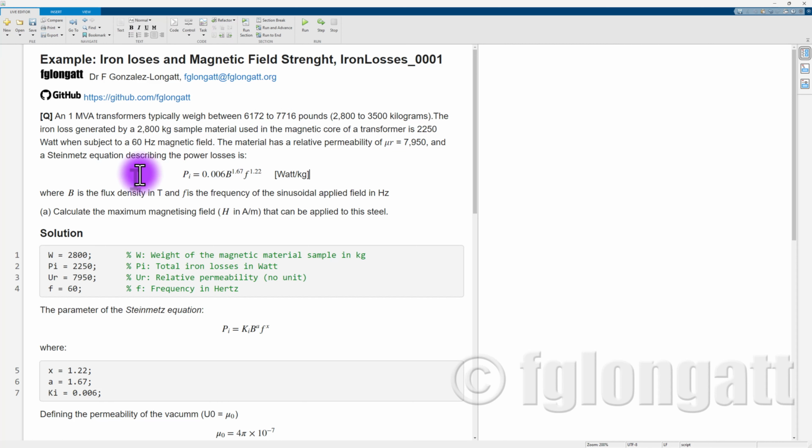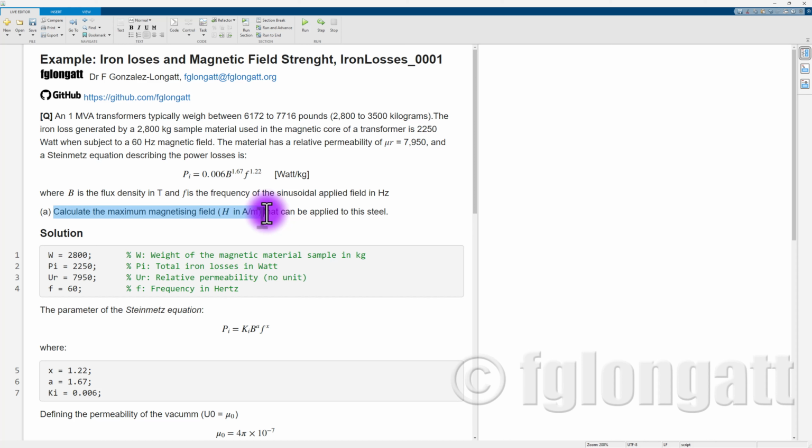So below, there is a very interesting question. Calculate the magnetizing field H in amps per meter. So it's a very simple but very interesting problem, because to calculate H, the magnetic field strength in amps per meter, we need to know B, that is the magnetic flux density in Tesla.